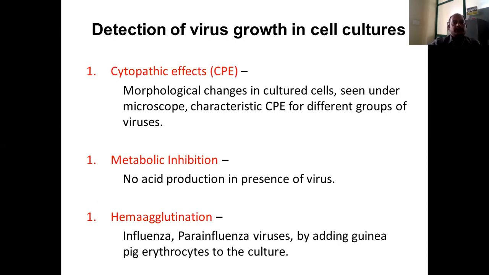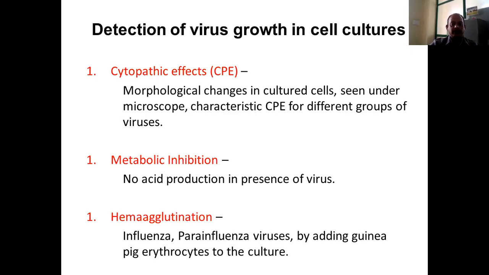Cytopathic effects are usually morphological changes in cultured cells seen under the microscope, characteristic of different groups of viruses. A few examples are here, such as metabolic inhibition, no acid production in the presence of virus, and hemadsorption, for influenza and parainfluenza viruses, by adding guinea pig erythrocytes to the culture. Influenza and parainfluenza viruses have hemagglutinin spikes on their envelope, which have the tendency to agglutinate most RBCs.